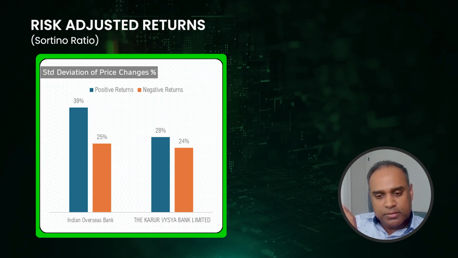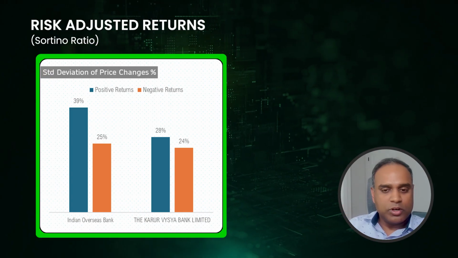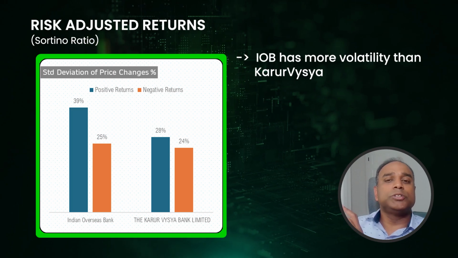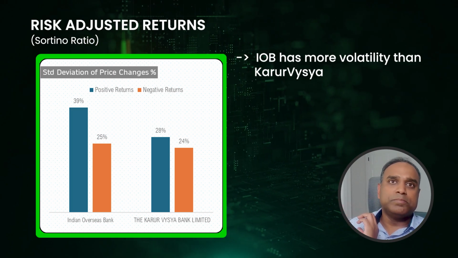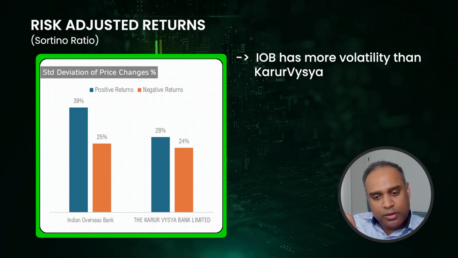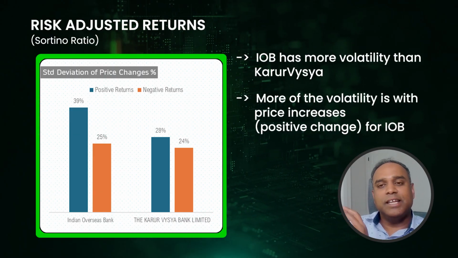And then I'm looking at the negative, which is whenever the price drops. You can see that Indian Overseas Bank has many more price changes which are positive, which means the price keeps increasing, whereas Karur Vysya Bank comparatively has fewer of those.